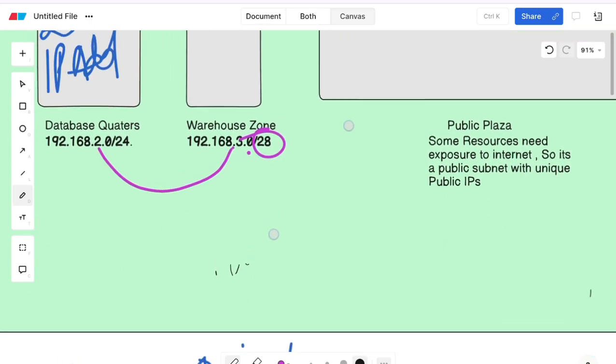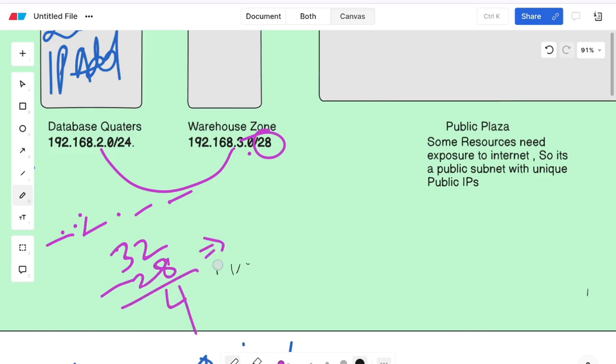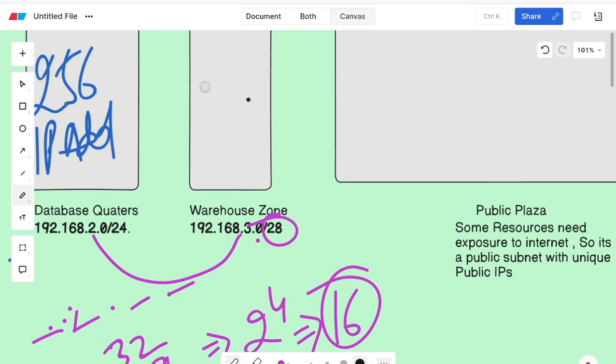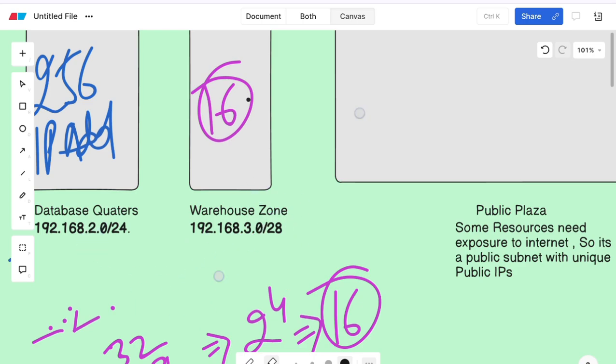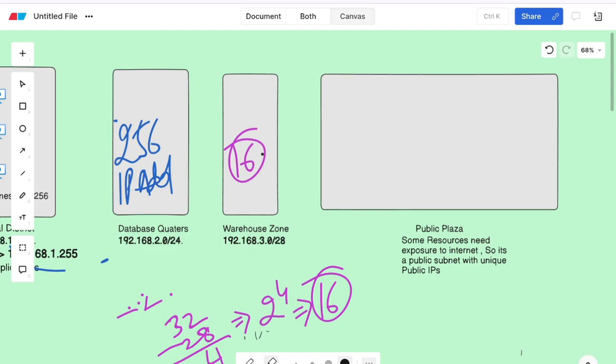As we said, in a 32-bit IP address, if 28 bits are blocked, what is the remaining? 4, right? 2 to the power 4 equals 16. So 16 IP addresses are allocated here. This warehouse zone is smaller in size compared to the others, so he gave 16 IPs.